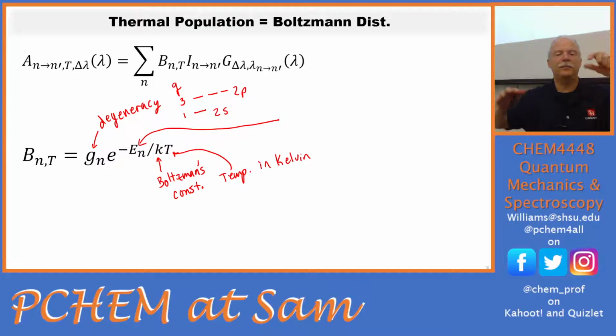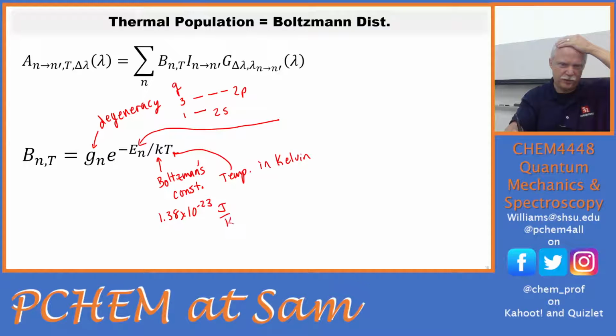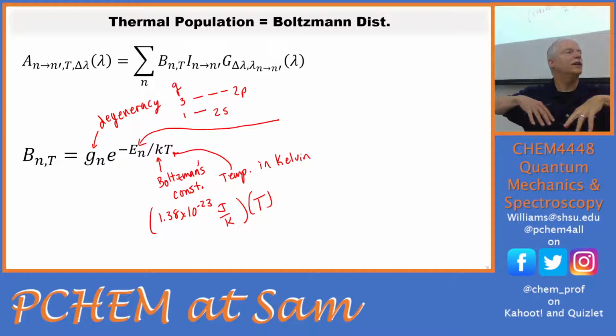It's looking at the temperature of the system in Kelvin and scaling that by Boltzmann's constant, which is like 1.38 times 10 to the negative 23 joules per Kelvin. So look at that. If it's multiplied by T in Kelvin, then we get out of Kelvin and into joules. So it's a way to convert temperature into energy. It's like how many joules do you get for every degree of Kelvin? So that's what Boltzmann's distribution is calculating.